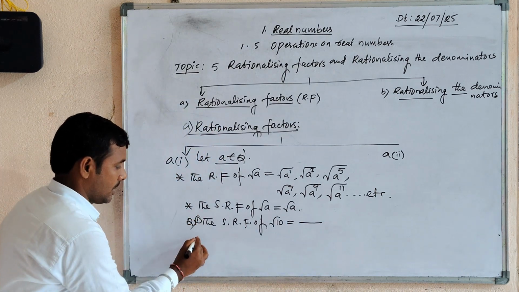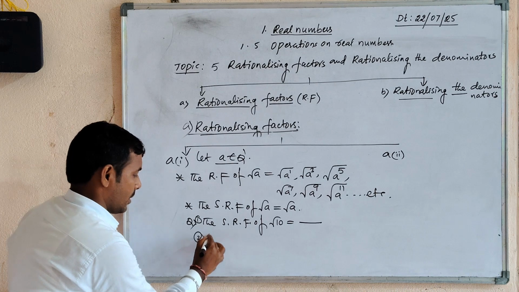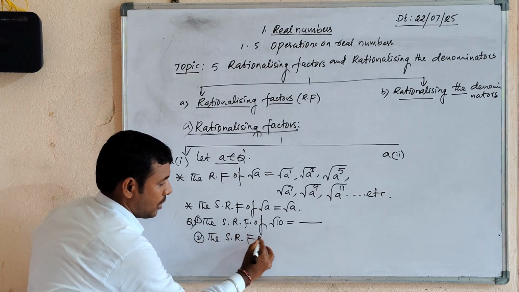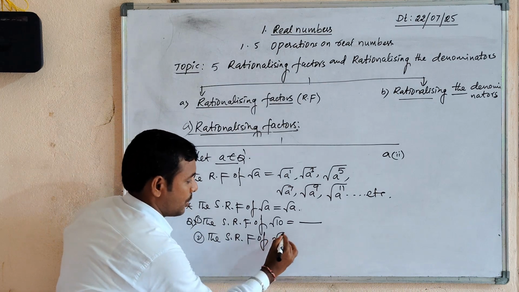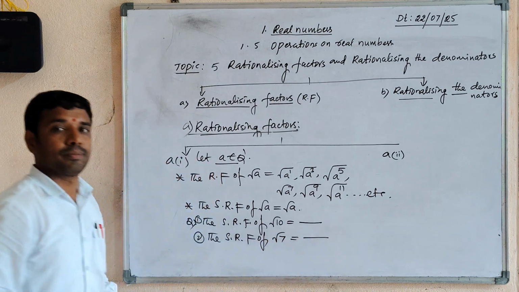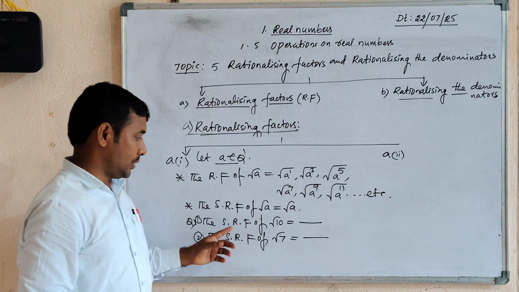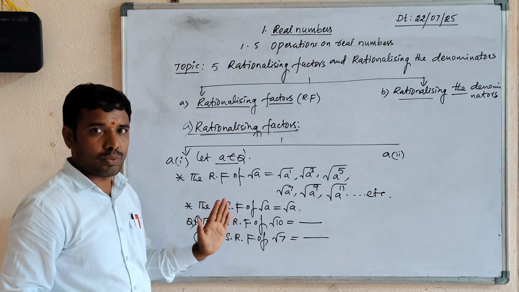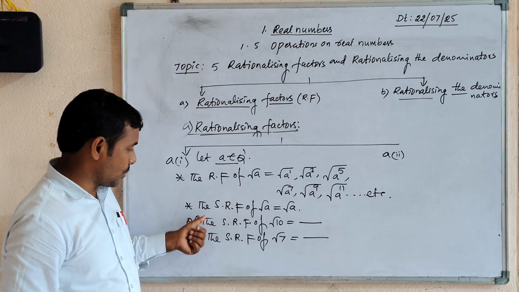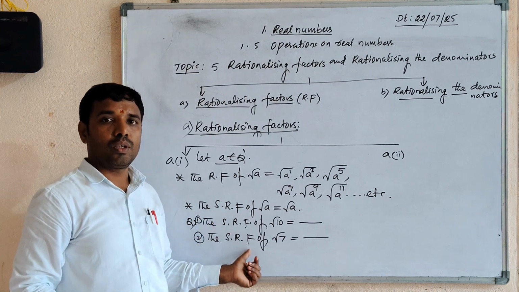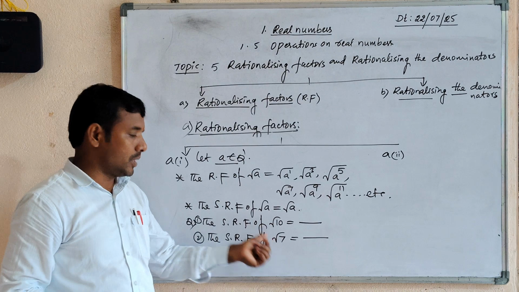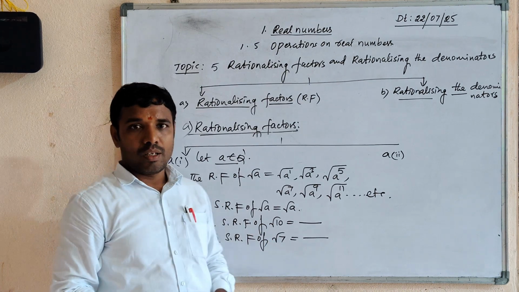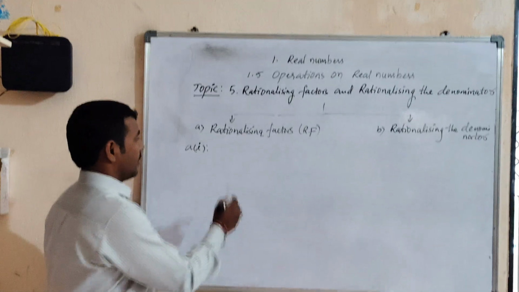Second question: the smallest rationalizing factor of root 7. Very easy. There is nothing there to discuss. These two questions I provided to you. You answer them in the comment box. Okay?